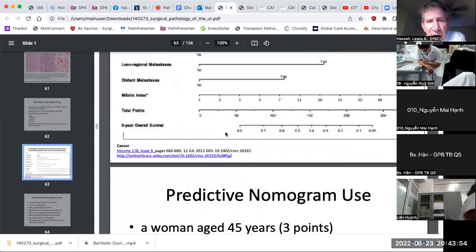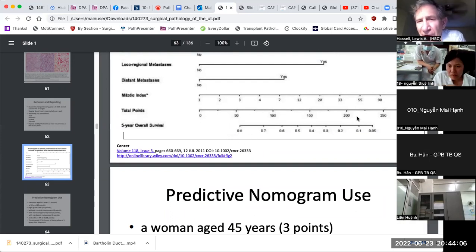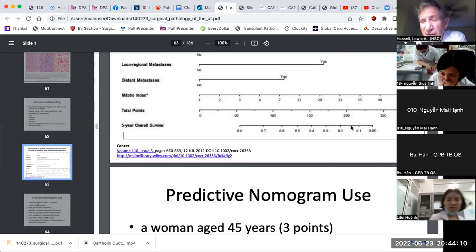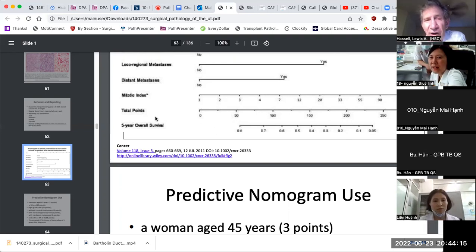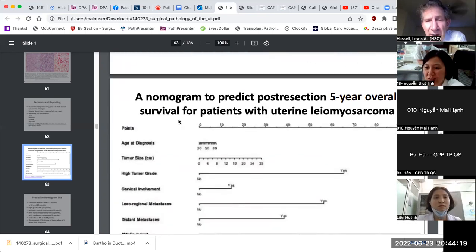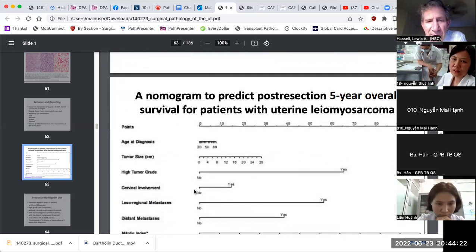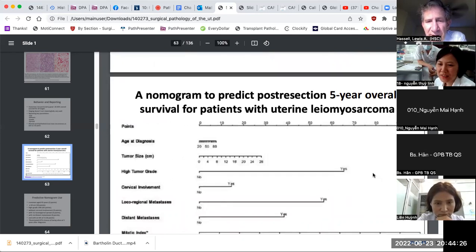So this is the 5-year overall survival, and you can see it's, well, I guess you can't see, it's really not very clear. But if you have a low point score, you may have 80% survival, whereas when you get scores over 200, you're talking about 10, 15% survival at most. So there's a broad range here. The things that give you high point values are obviously high-grade tumors, metastases, local or distant.